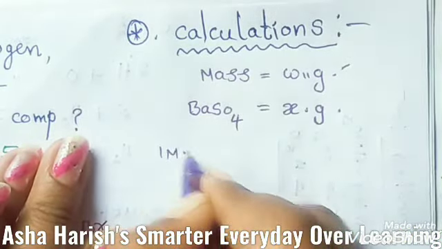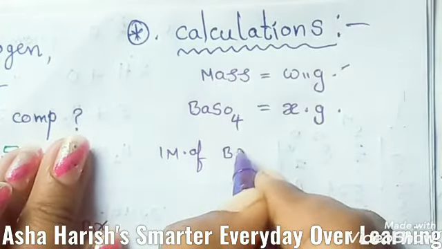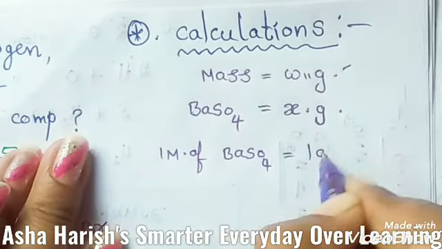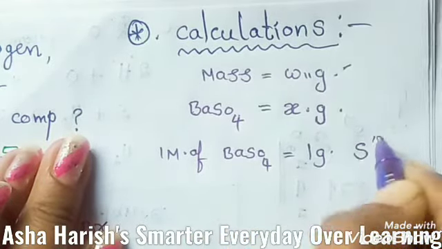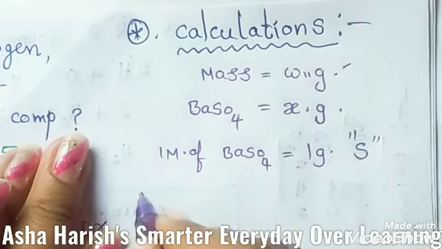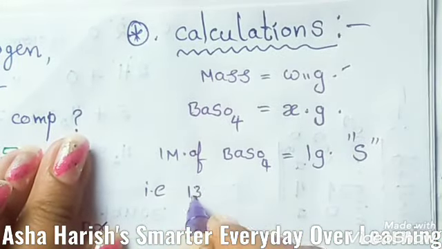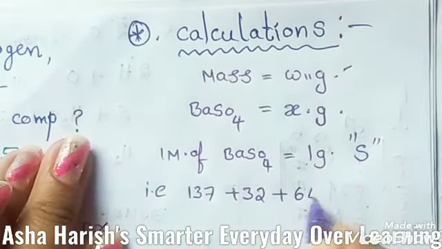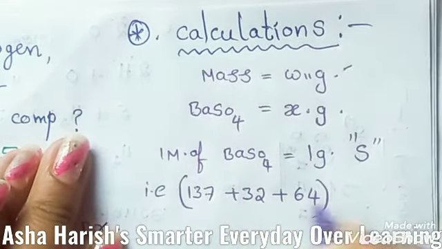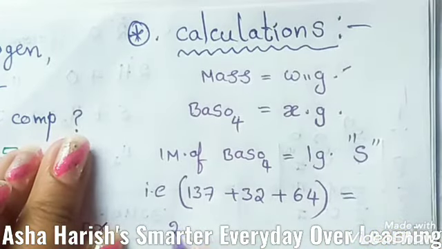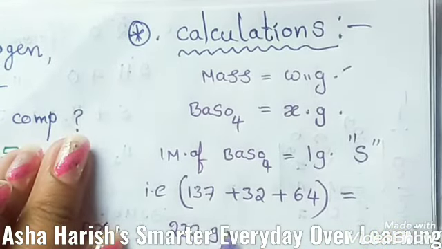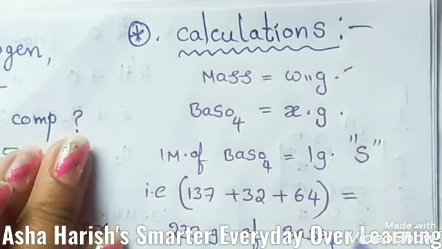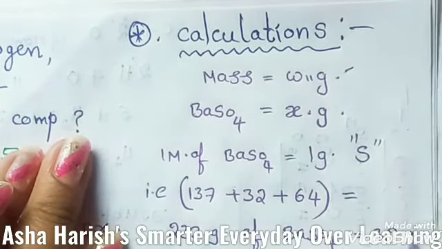Now 1 mole of barium sulfate contains 1 gram atom of sulfur, that is 137 plus 32 plus 64, which is equal to 233 grams of barium sulfate containing 32 grams of sulfur.